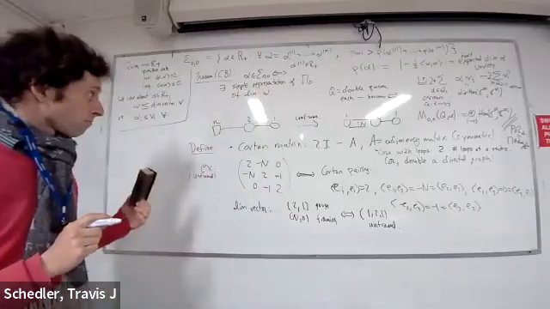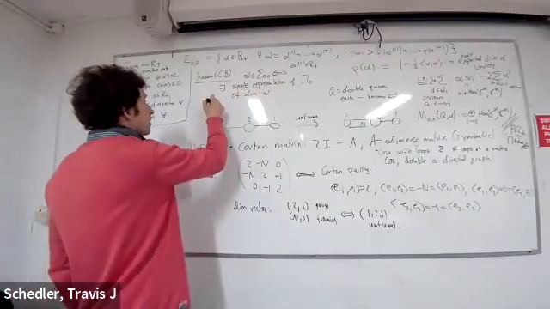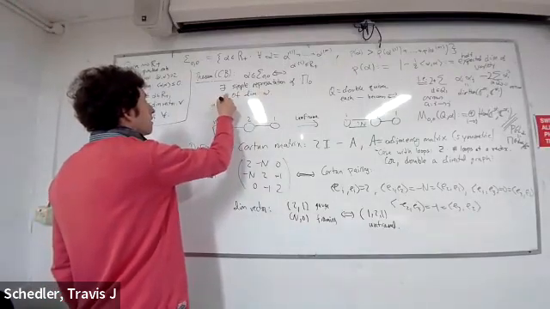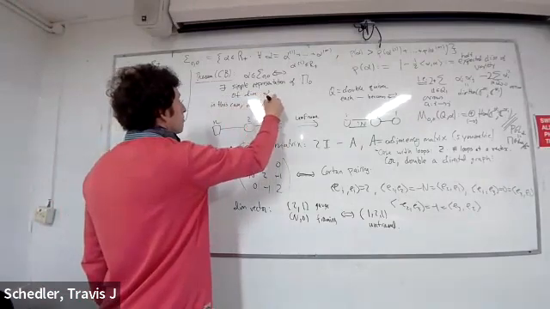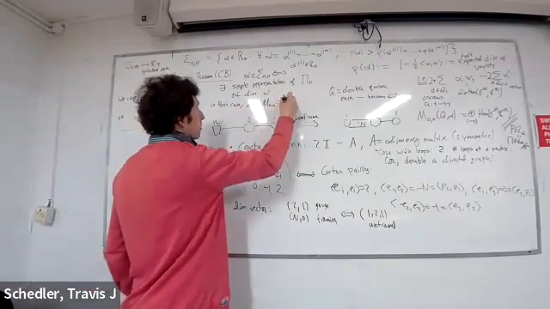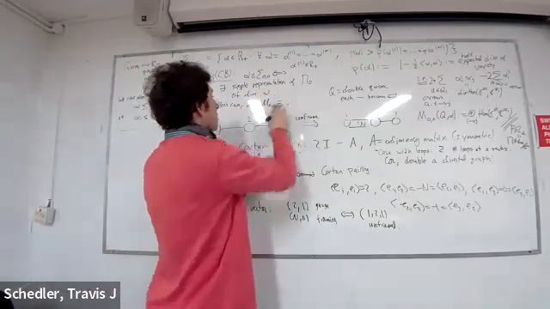So in this case, the dimension of M is actually equal to the expected dimension. It's twice.